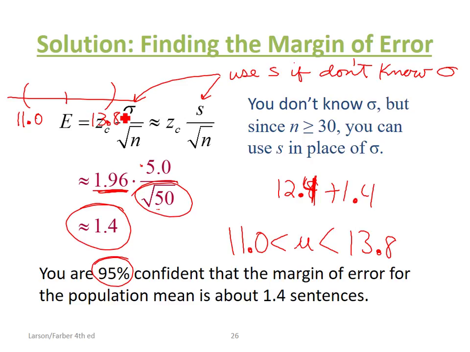We're 95% confident that the mean of all the articles in the world that are in magazines is going to fall in that range. Seems sort of useless. Who cares about sentences in a magazine? But same idea for all the other stuff that we're going to do.